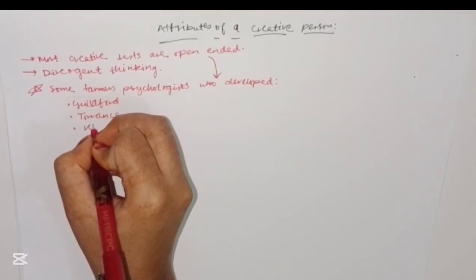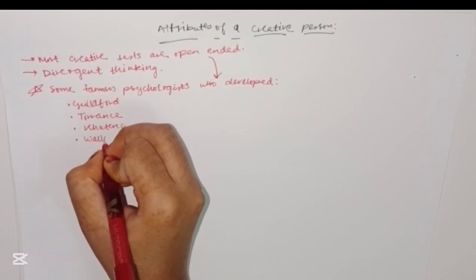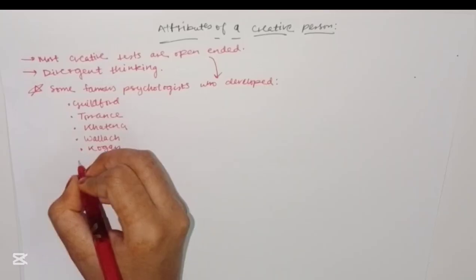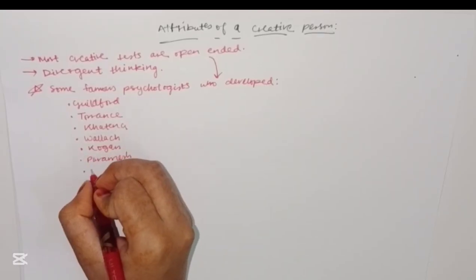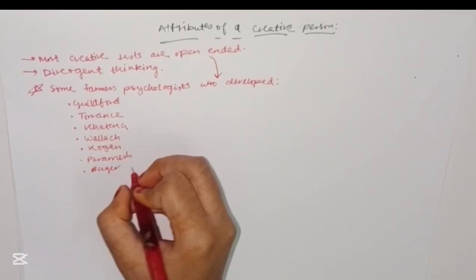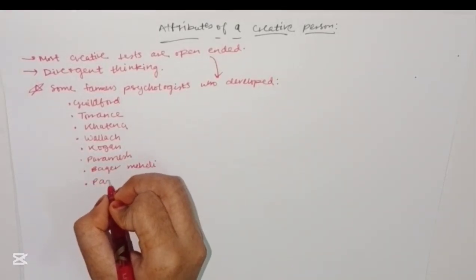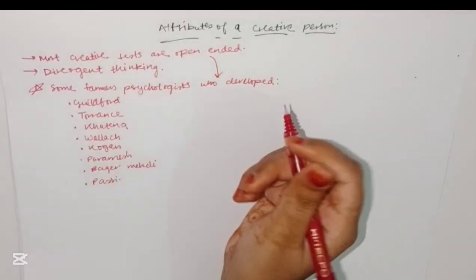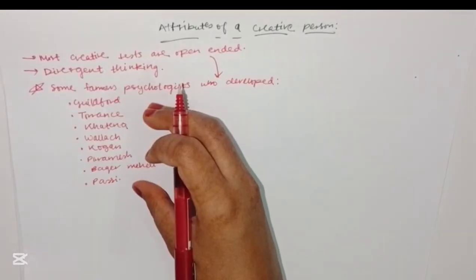Guilford, Torrance, Khatena, Wallach, Kogan, Paramesh, Baqer Mehdi, and Passi. If you learn this as a song, you'll be able to easily recall it.